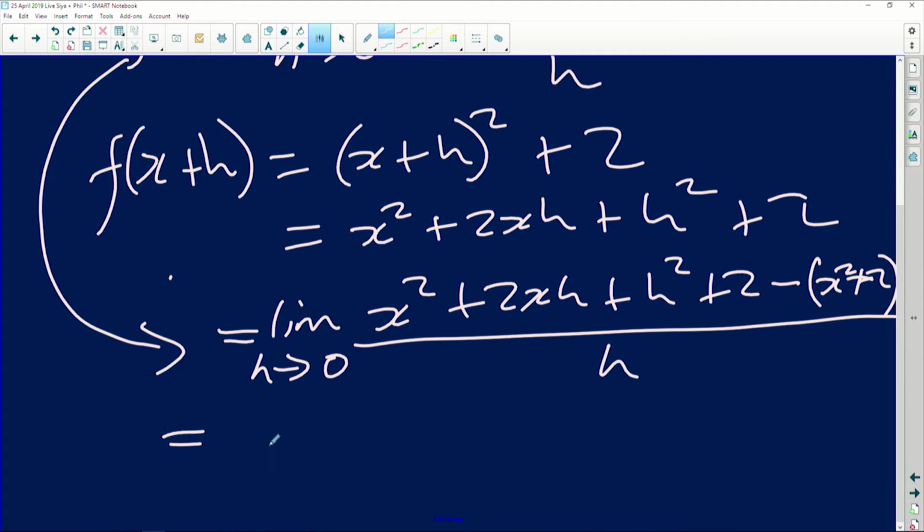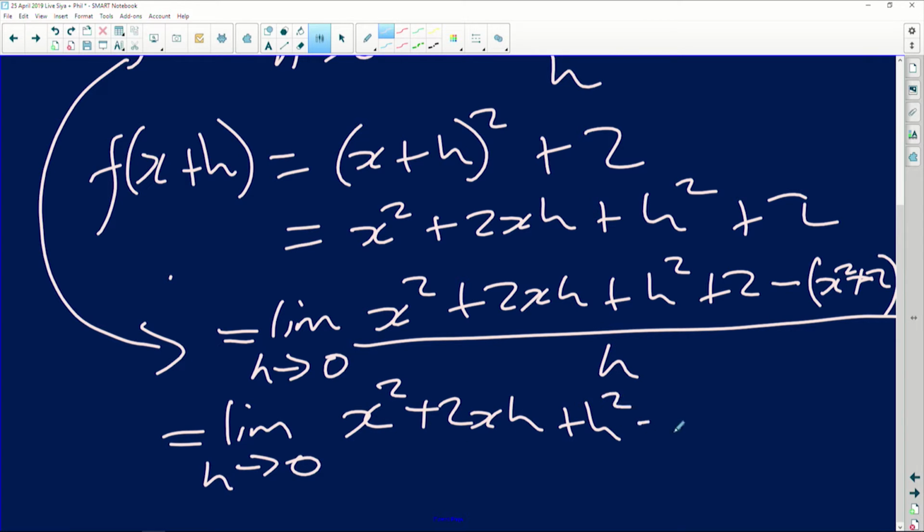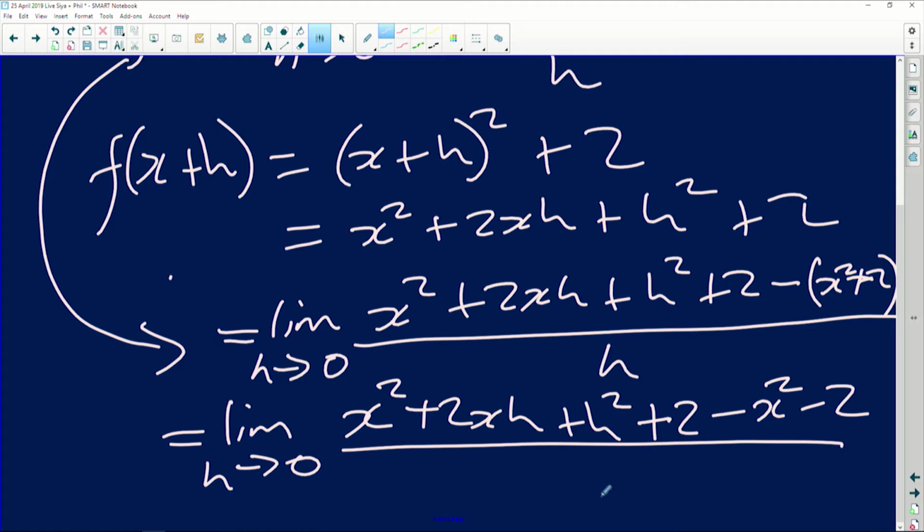So this is going to be equal to, remember I said include your limit, h approaching 0. So here, simplifying, this is going to be x squared plus 2xh plus h squared plus 2 minus x squared minus 2, all divided by h.